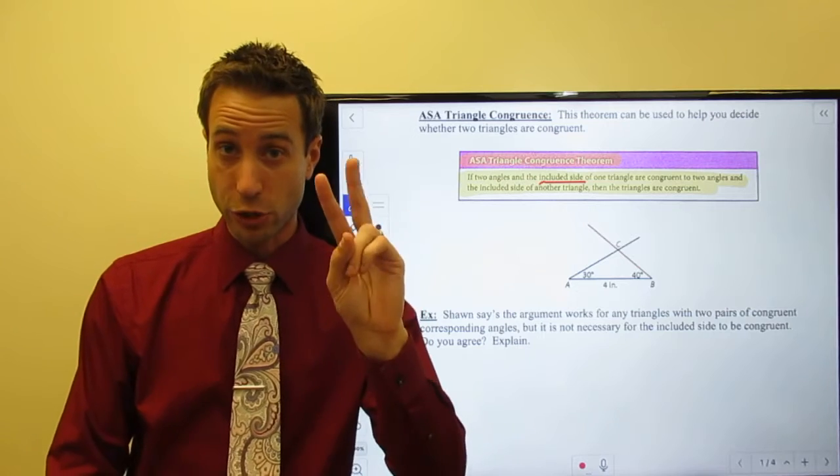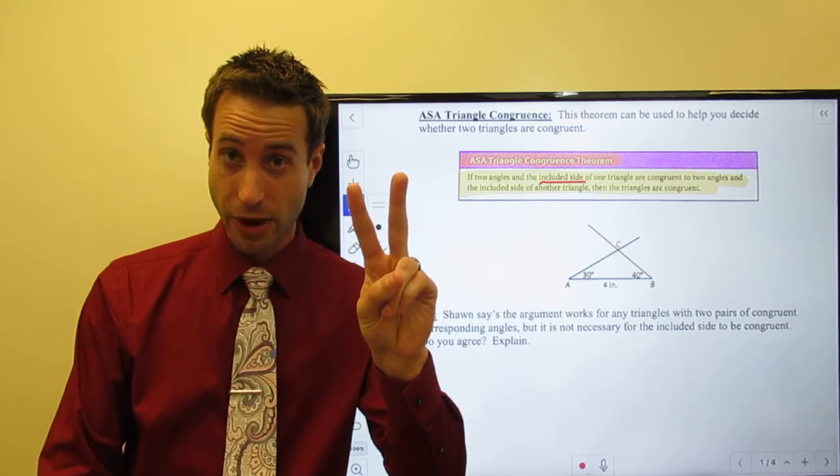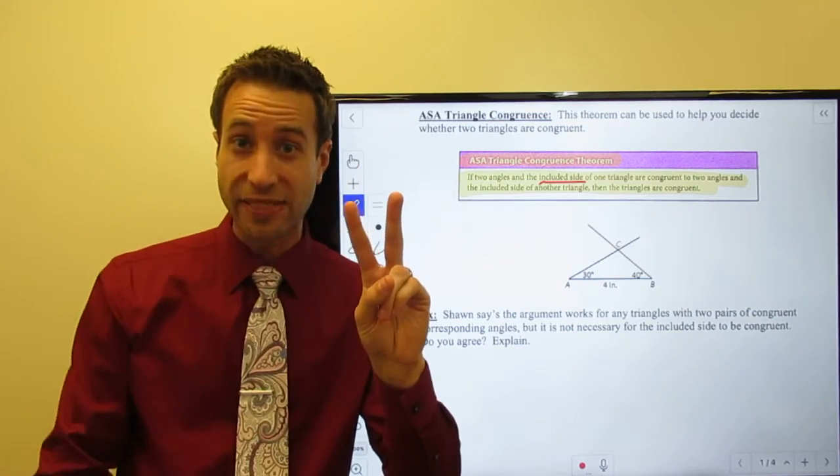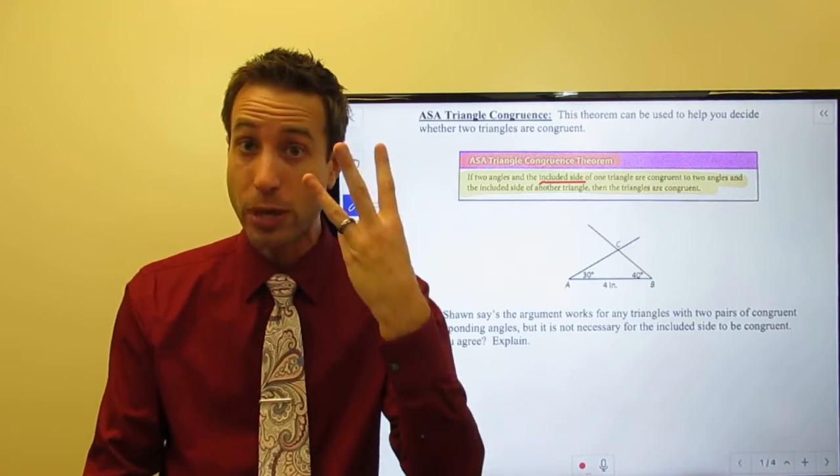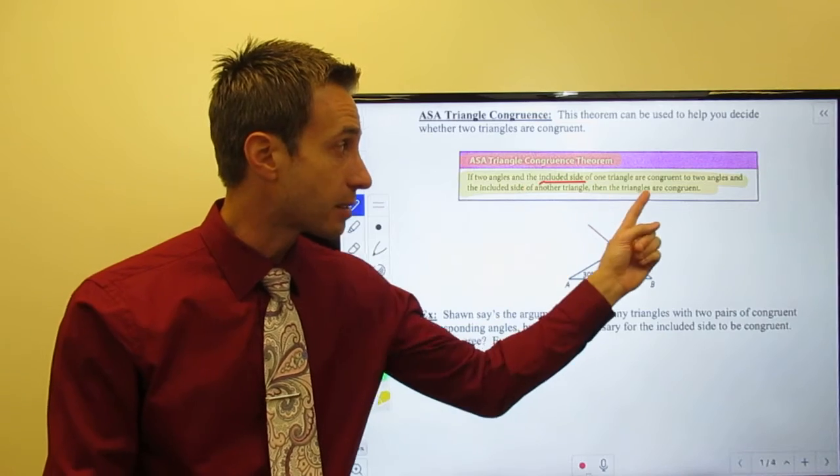If you can prove that two angles, an angle and another angle, and the included side, the side between those two angles, so 3 things, 2 angles and one side, then the triangles are congruent.